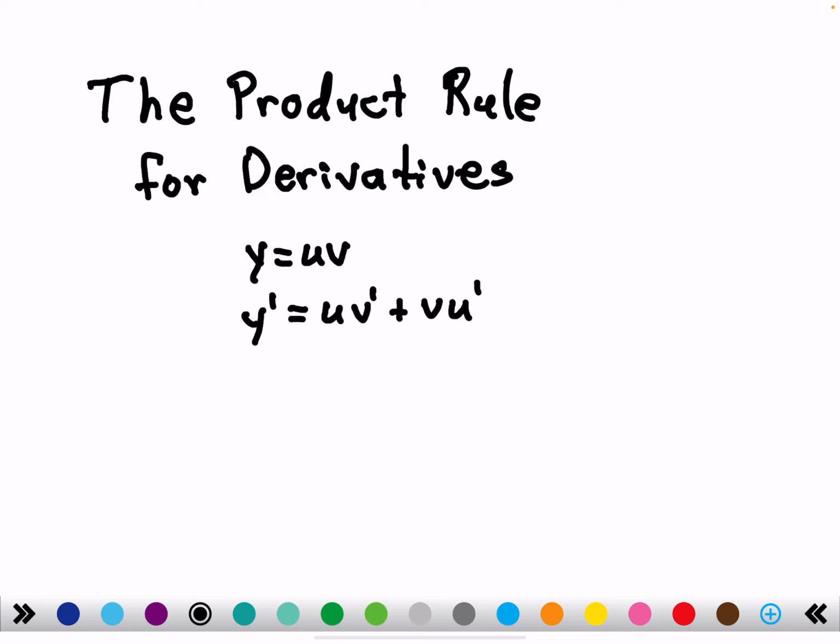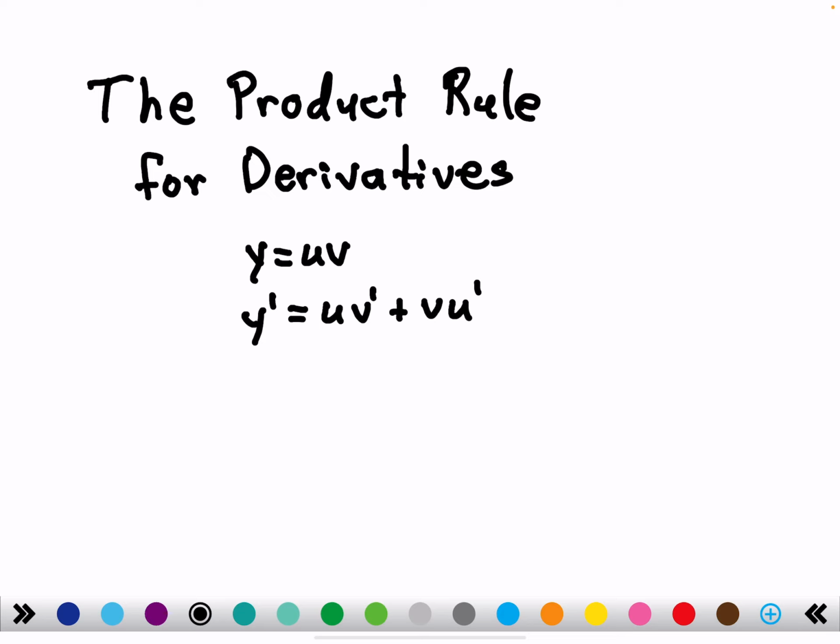This video is about using the product rule for derivatives to determine the derivative of one function multiplied times another function. Remember that in mathematics, a product is the answer to a multiplication.